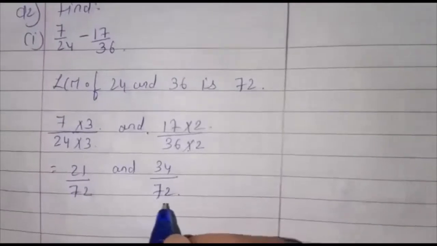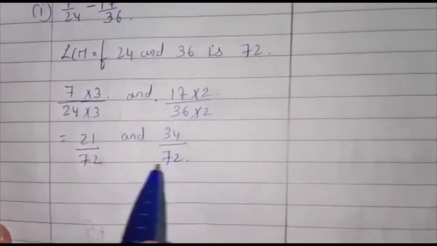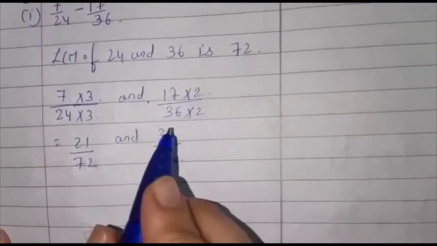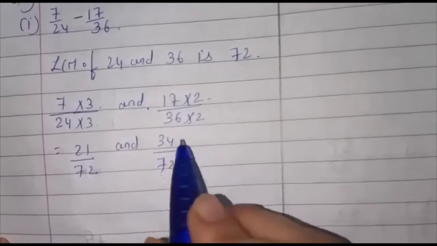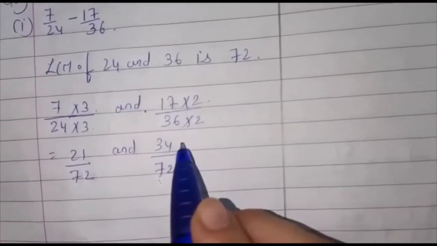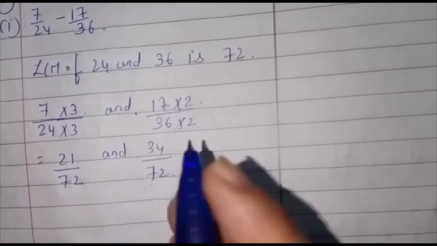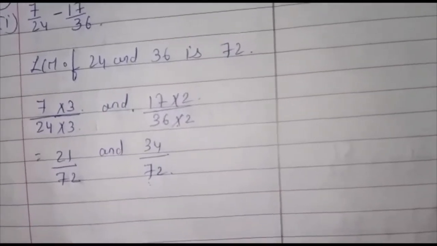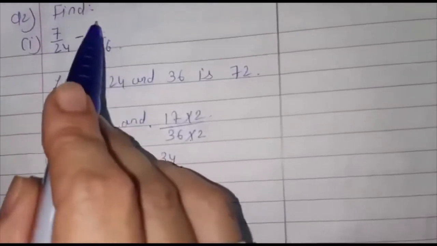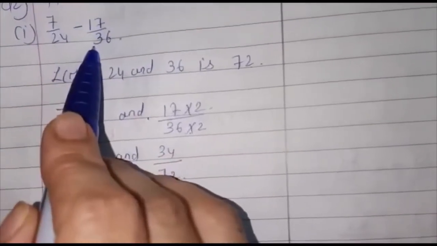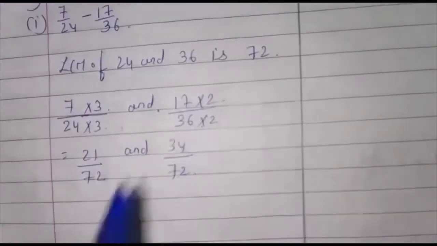But now, as I told, denominators are equal, so now we can subtract. But before subtracting, we want to do the additive inverse of this 34 upon 72. So what is the additive inverse of 34 upon 72? We need to put a negative sign here. Or else, if you want to do the additive inverse of this term, you can do it on this term also. But we need to subtract this, so we can do it here also.